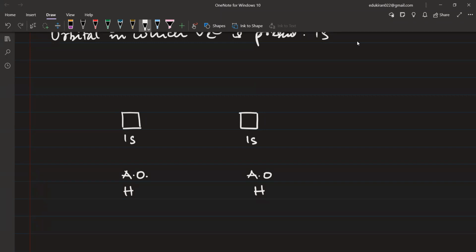Now, when they are going to mix, they are going to form molecular orbitals. एक ऊपर होगा एनर्जी में और एक नीचे एनर्जी में. One diagram and then this is the second. One will be lower in energy. सही है guys? Okay. Now, आप इस तरह से dotted lines इसको represent कर सकते हैं.